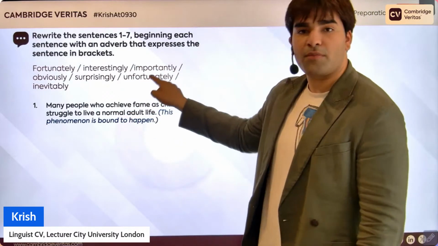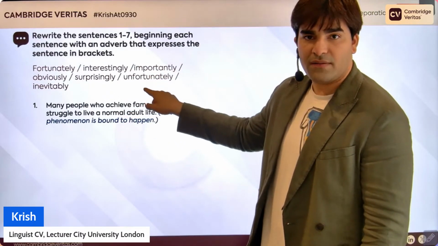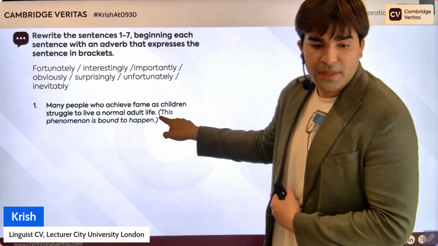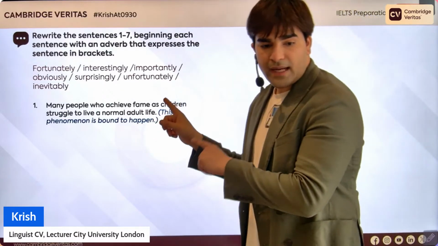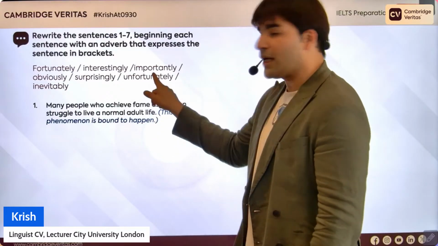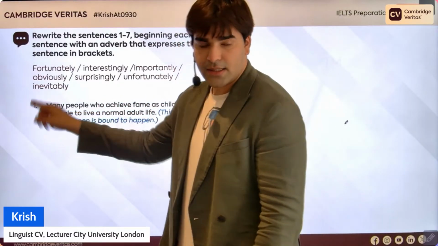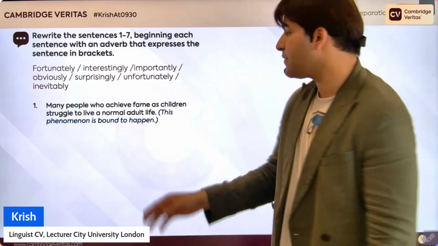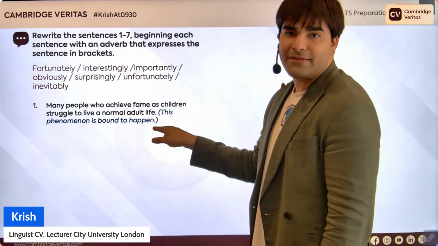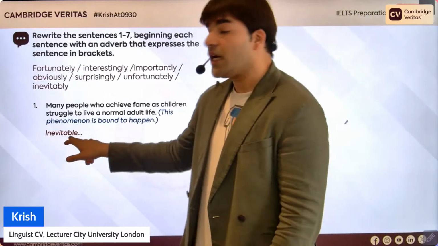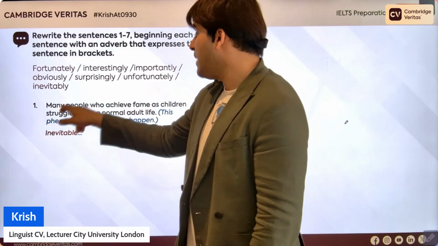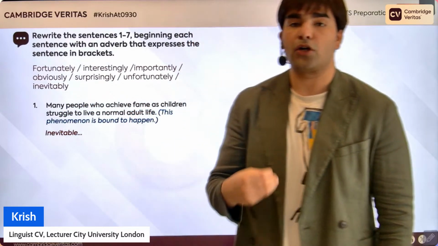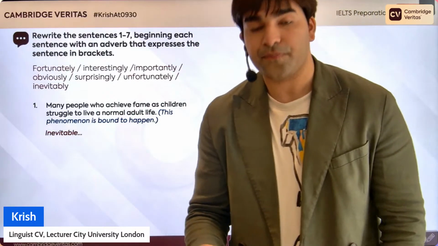Which word from the red panel above means the blue part? With that word, you have to start the sentence. I will do the first one to show you, and the rest you have to do yourself. The word is inevitably. So we say, inevitably, many people who achieve fame as children struggle to live a normal adult life.